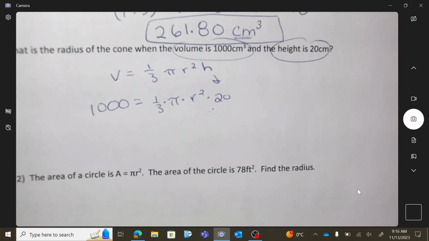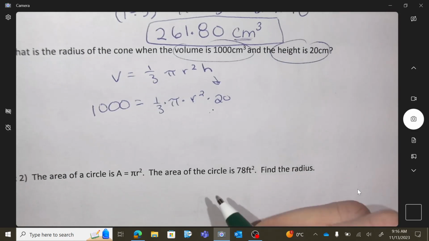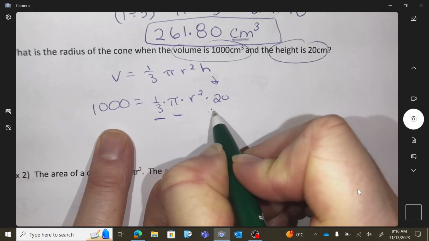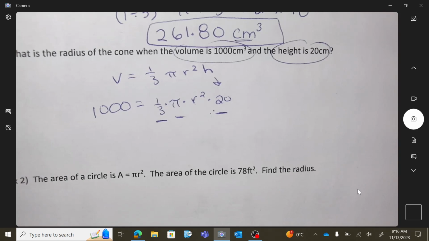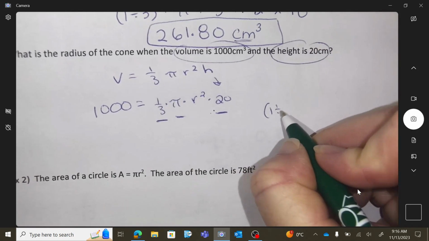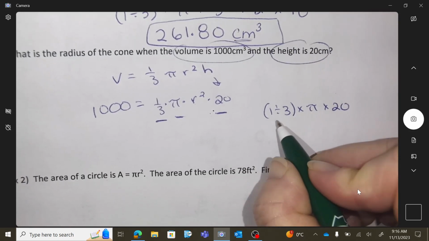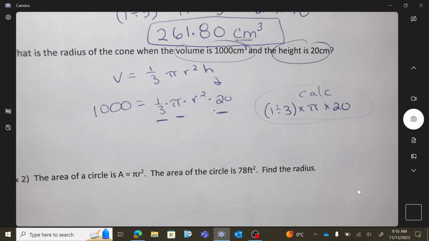Okay, so I filled in what I know. So what I'm going to do is I'm going to times those 3 items together. Okay, so I need a 1/3 times a pi times a 20. This is my calculator. Can you give me that?